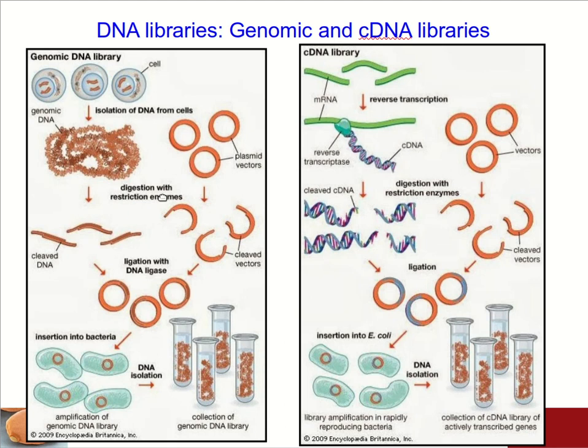Usually in both of these techniques there is some kind of size selection for the inserts, because depending on the capacity of the plasmid or other reasons, you want a certain size range in your library.